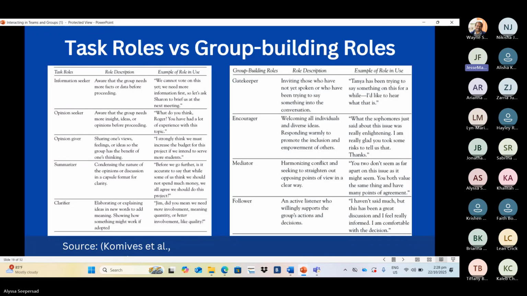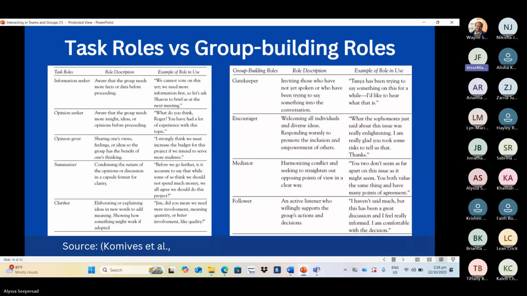Can anyone tell me what role they think they usually adopt when doing group work? I think I usually adopt the information seeker role because I just generally like to ensure that we have correct information before we head into making final decisions.